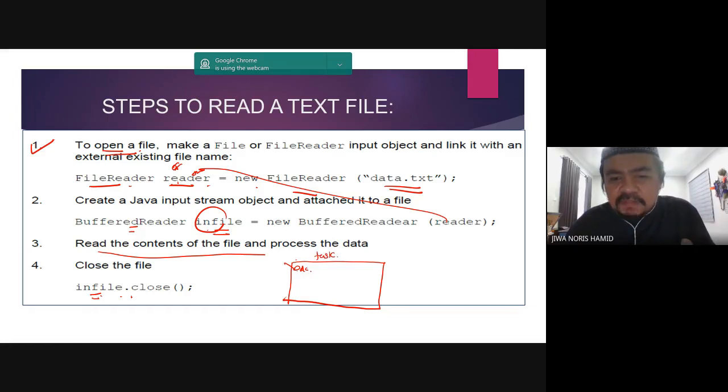You letak data.txt and also Java file together in the same folder. Jangan letak satu folder nama task, lepas tu dekat desktop you letak pula Java file. So don't store in different folders.